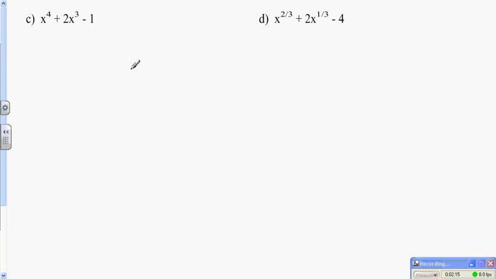Our next two examples, again, we take our middle variable, so x cubed, we square it, we get x to the 6th. Now that is not what we have in the front, so therefore, no, we cannot write it in quadratic form.